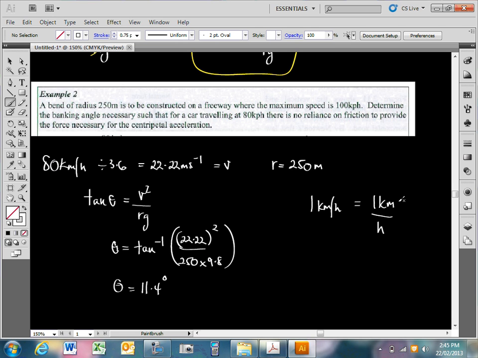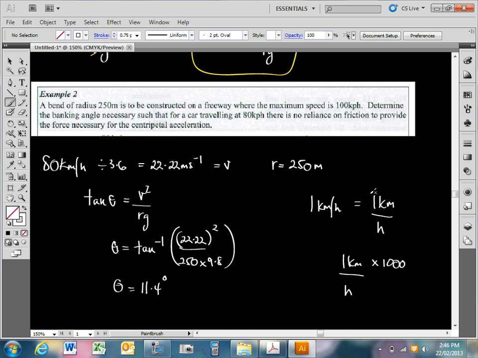How do I change a kilometre to metres? Yeah, times by 1,000. 1 kilometre to metres times 1,000. Hours.